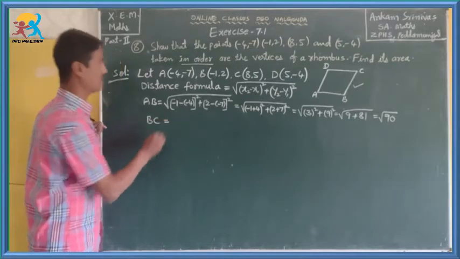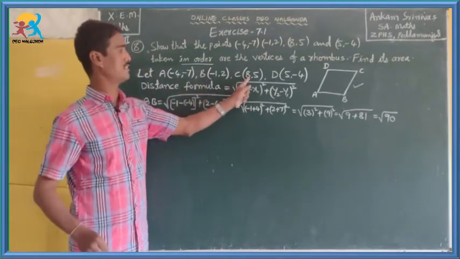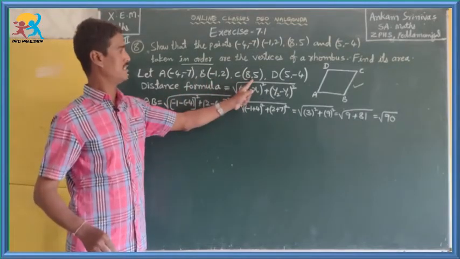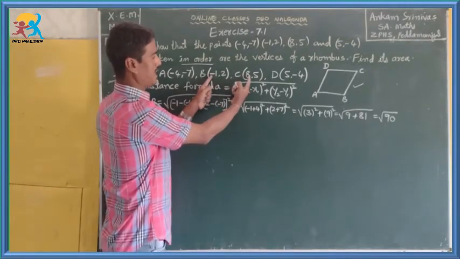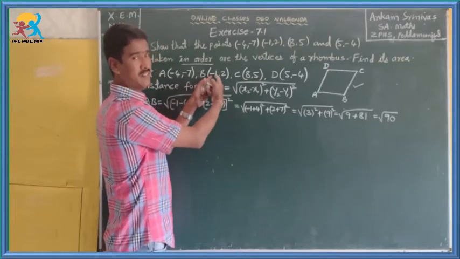Then go to the next, BC. Length of BC, these 2 points. Difference of first coordinates: 8 minus of minus 1.